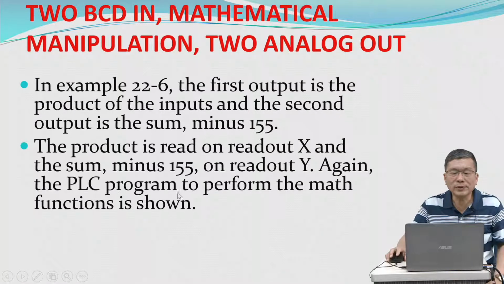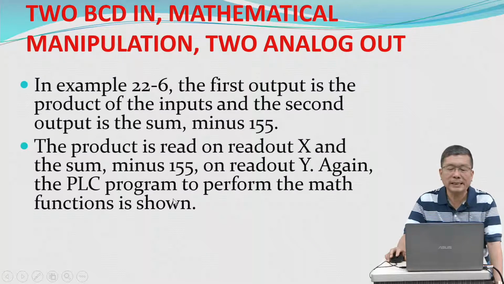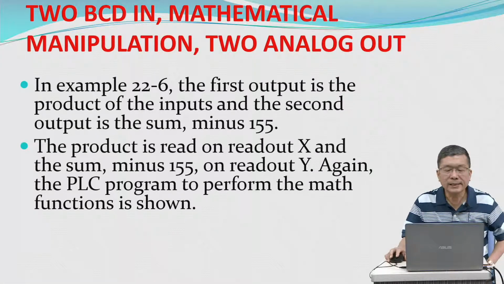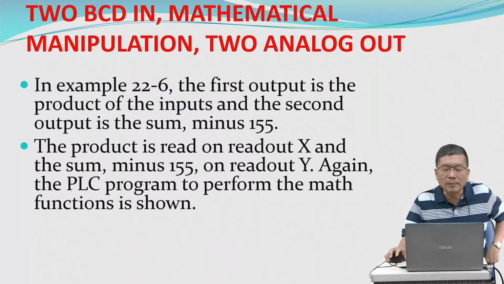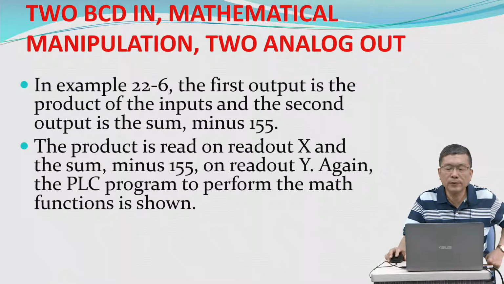In example 6, the first output is the product of the inputs, and the second output is the sum minus 155.